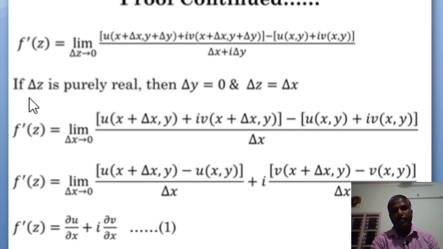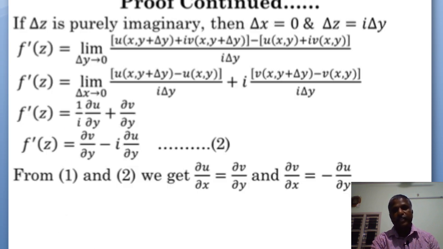That is, if Δz is purely imaginary. Purely imaginary means the real part Δx is equal to 0. So only we have Δy, that is Δz is equal to iΔy. Now f'(z) is equal to the limit as Δy tends to 0.